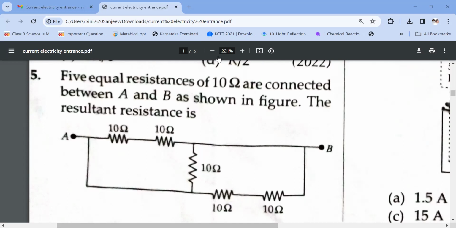10 ohm. Okay. One answer I got is 10 ohm, which is obviously there in the options also. So two of them have given me the answer as 10 ohms.